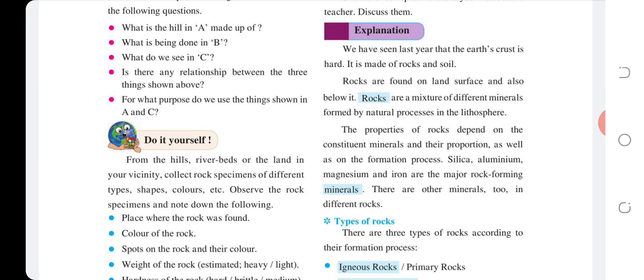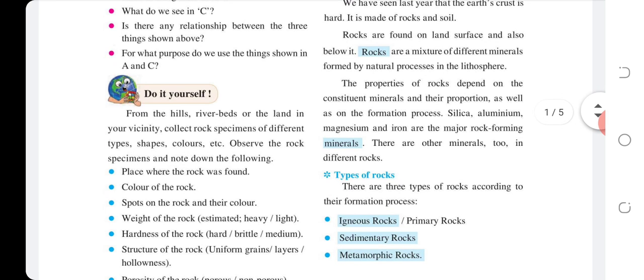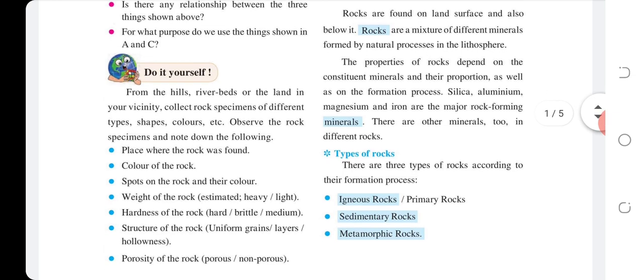The properties of rocks depend on the constituent minerals and their proportion, as well as the formation process. Silica, aluminum, magnesium, and iron are the major rock-forming minerals. There are other minerals too in different rocks.